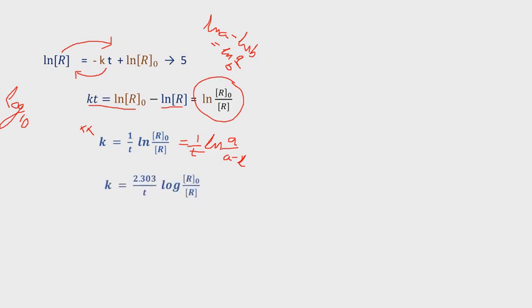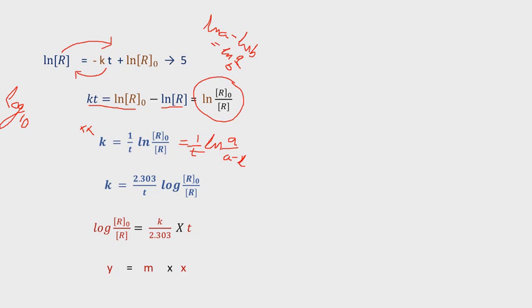That means log base e is converted into log base 10. So k equal to 2.303 by t log r naught by r. So this is one more formula.